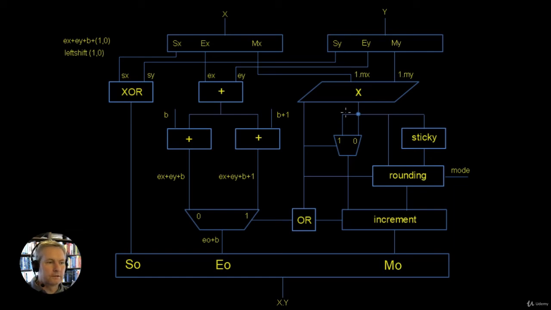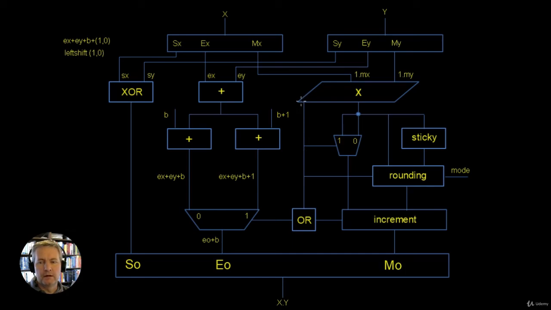So again, this is this point here. We can see that we've got an output here, and at this point, although we haven't shown it here, we're making a choice between two possible 23-bit combinations. One of them is shifted by a value of 1 and the other one isn't, and we make the choice depending on the leading 0.